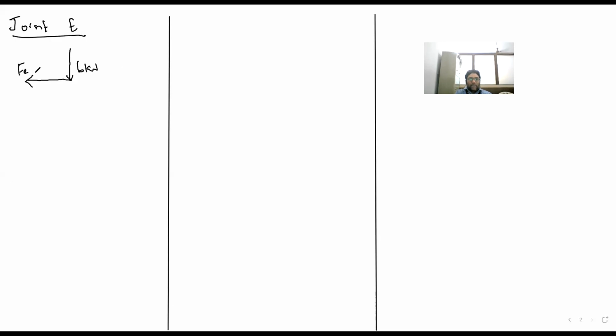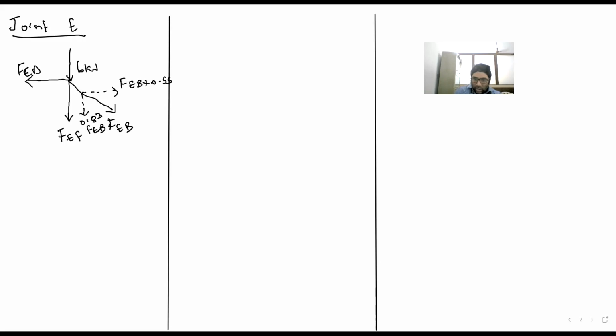This is FED, FEF, FEB. So immediately what do we understand? We will understand that we are trying to resolve this into horizontal and vertical component. Horizontal component, vertical component. So this is FEB into 0.55 and this is 0.83 FEB.